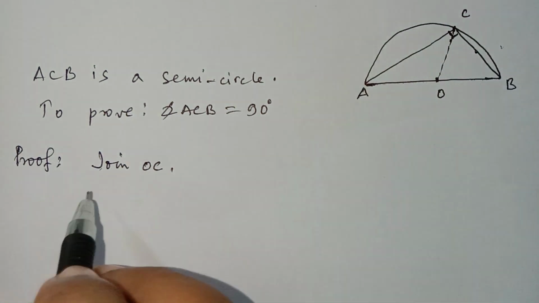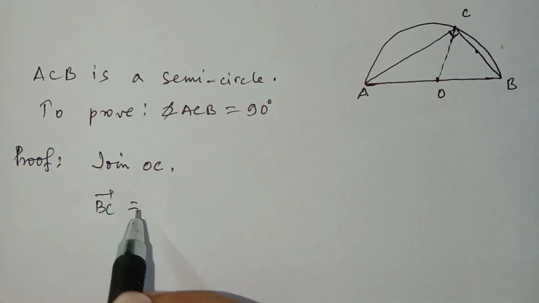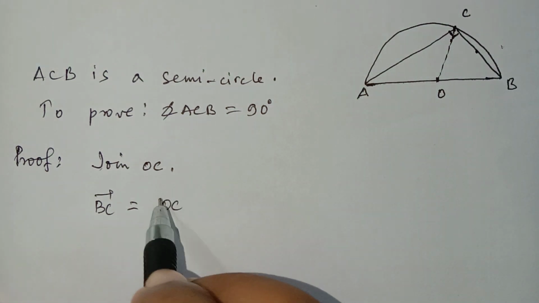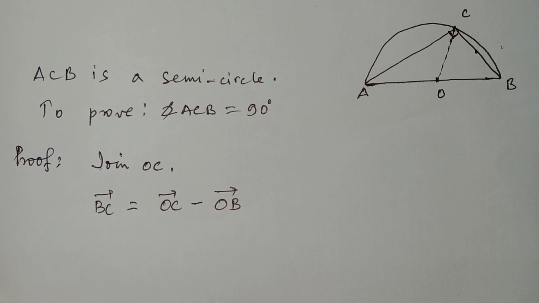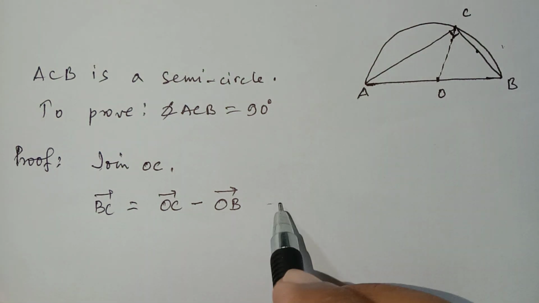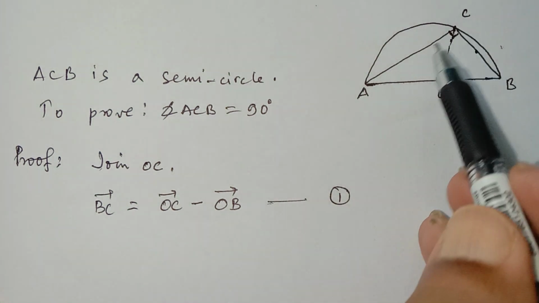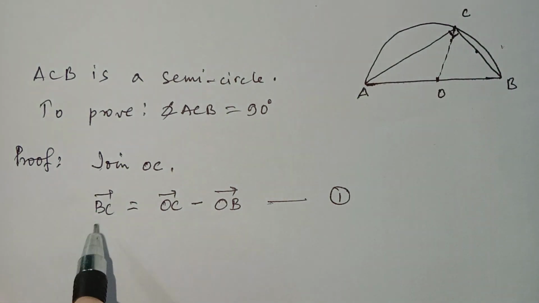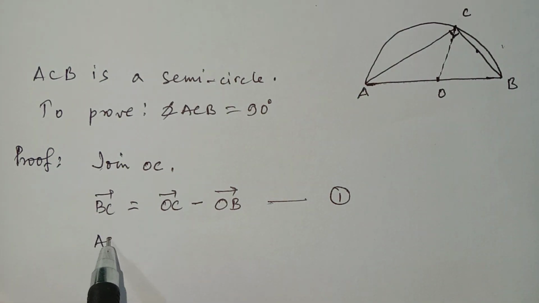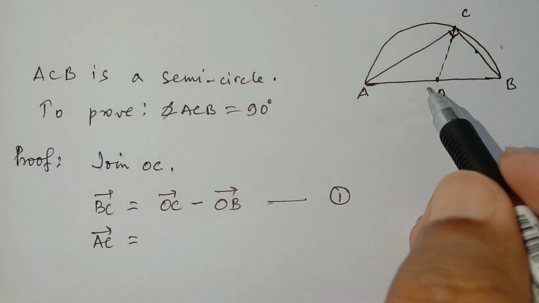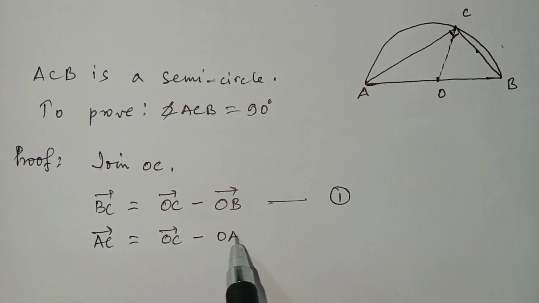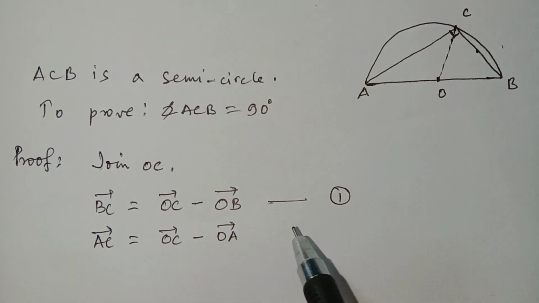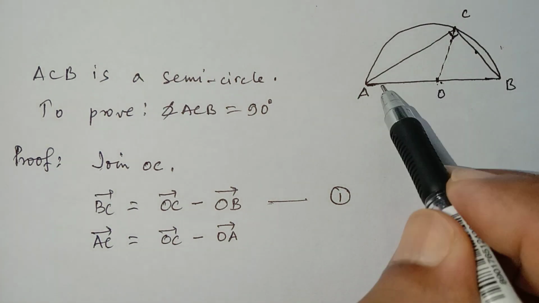Okay, now let's see what is vector BC. Vector BC is equal to vector OC minus vector OB. Take this as 1, and now see what is vector AC. Vector AC is equal to vector OC minus vector OA. Okay, and now let's see, OB and OA are equal.